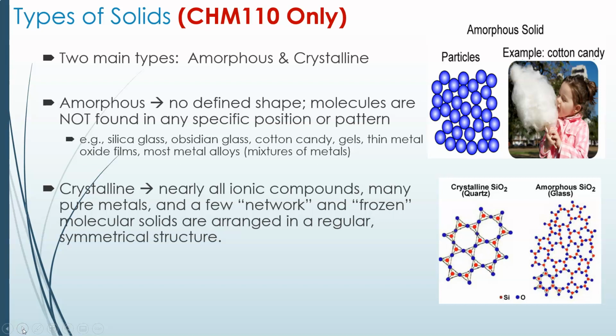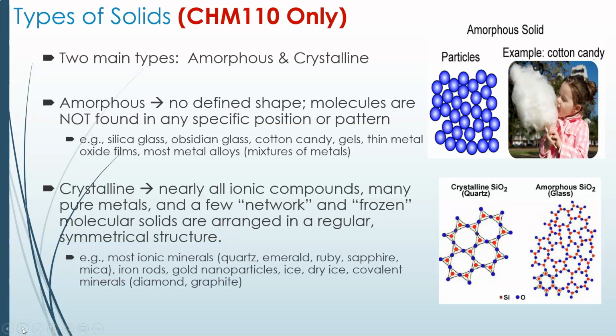We also have what are called network molecular solids. These are solids composed of covalent bonds, but they look like crystal structures. Diamond and graphite are two examples of that. You also find crystalline structures among molecular compounds that have just been frozen, and they end up forming crystal structures when they freeze into the solids.